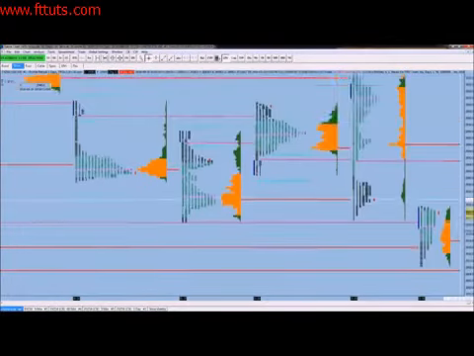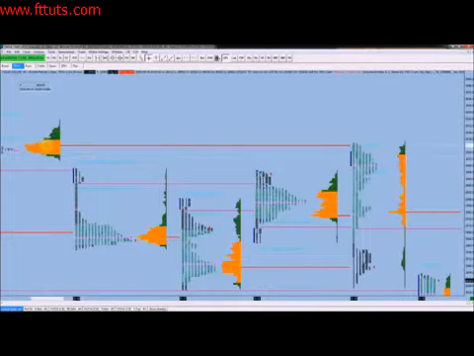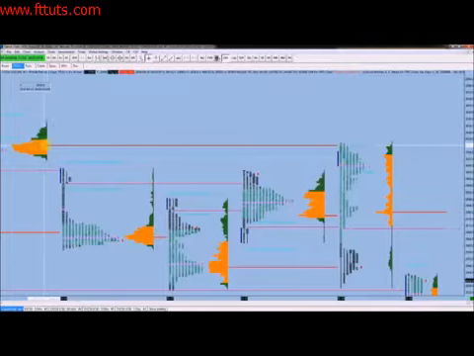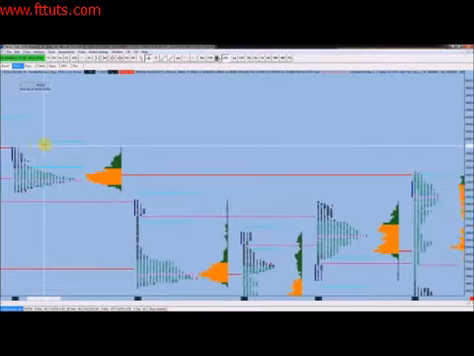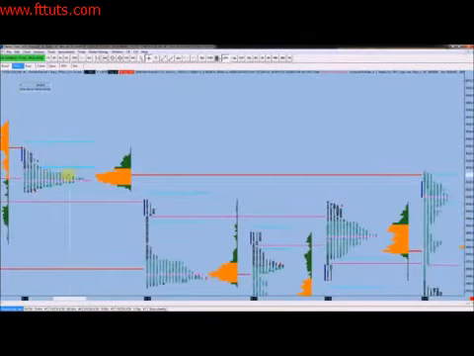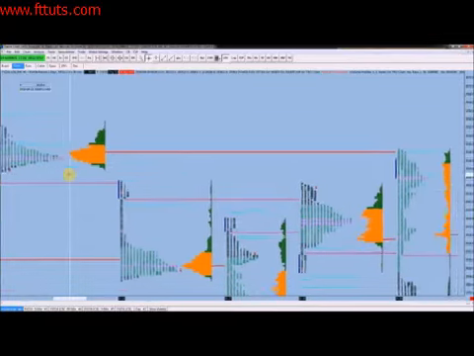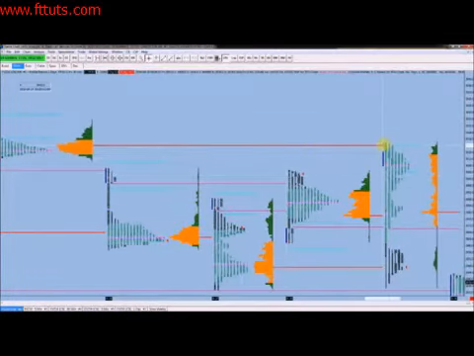Currently to the upside, we had a naked VPOC on this day that came in at 30.20, created on this Friday across here. Very quiet day, but it created this VPOC, and then 4 days later the market came up.